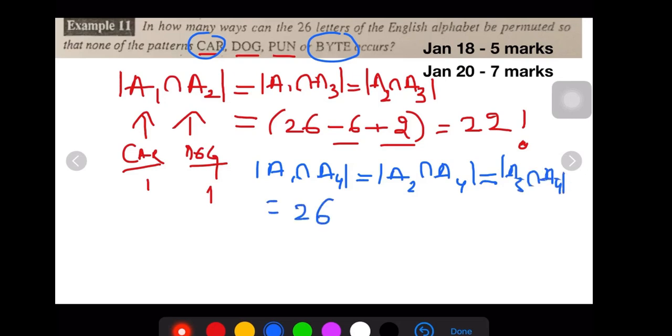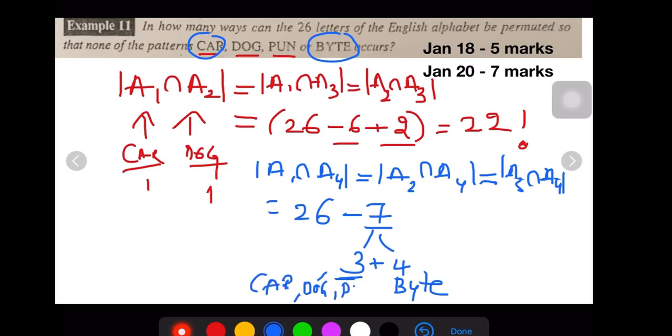It becomes totally 26 minus, remove the count. What is that count? This is 3 from one word, and 4 from byte. From byte, 4 characters, and 3 from the other 3 categories. That is, it could be car or dog or pun.